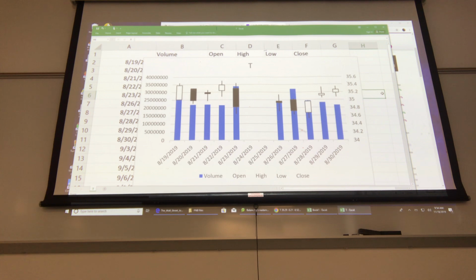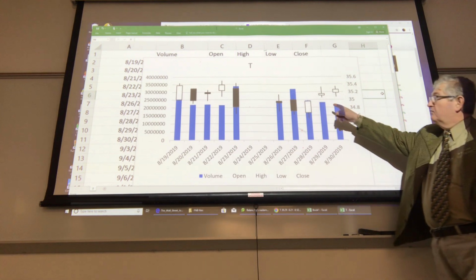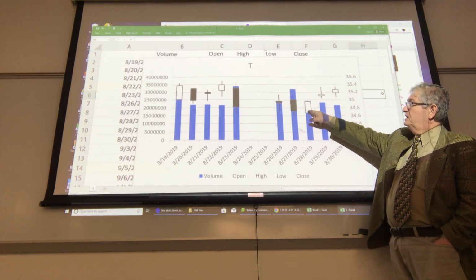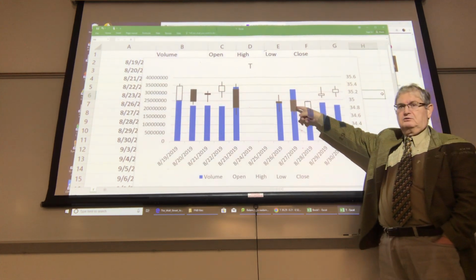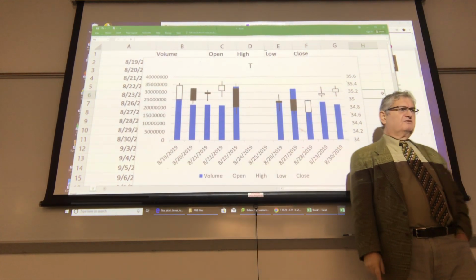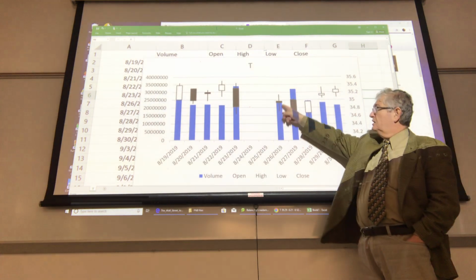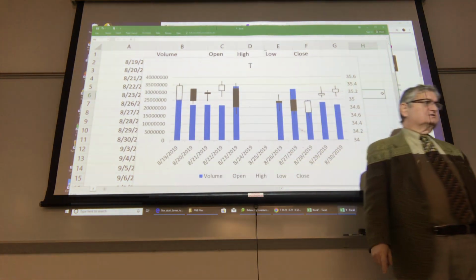What is important to see is the range of the price change. You have two different ranges. You have the range from the opening to the close, and you have the range from the highest to the lowest price.